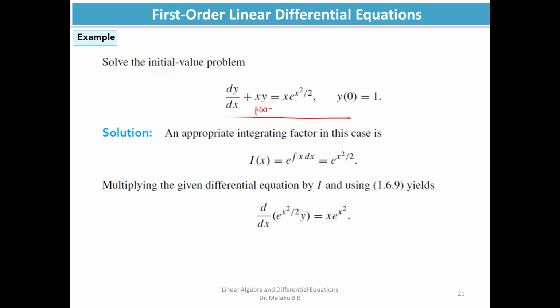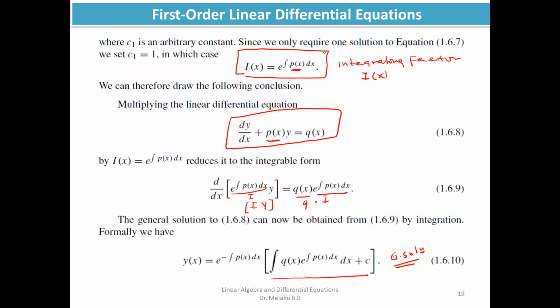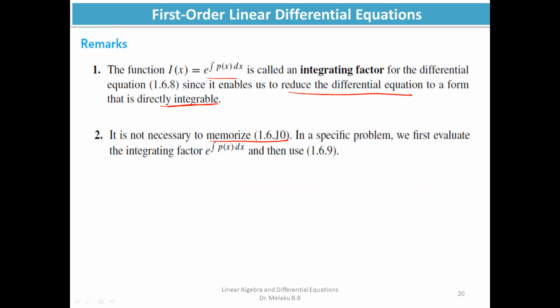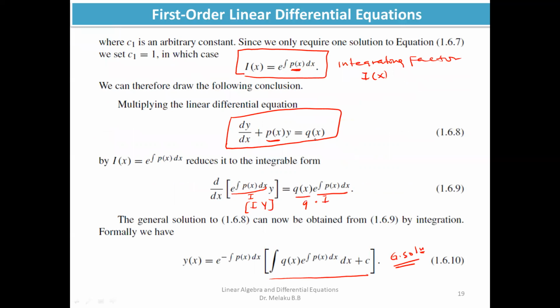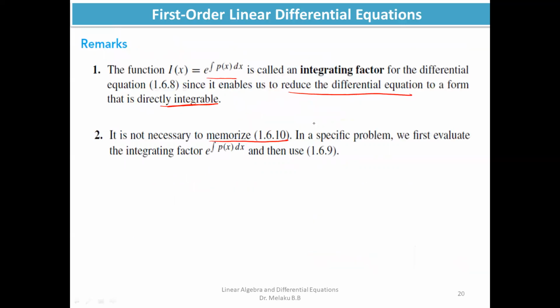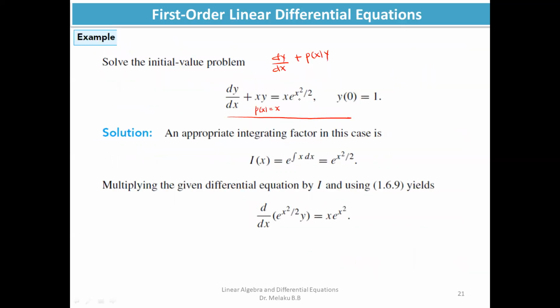Your p of x is x, because for dy by dx the standard form is dy by dx plus p of x times y equal to q of x. The rest is your q of x.